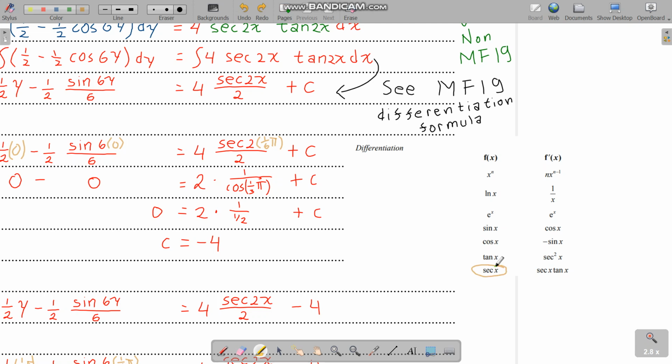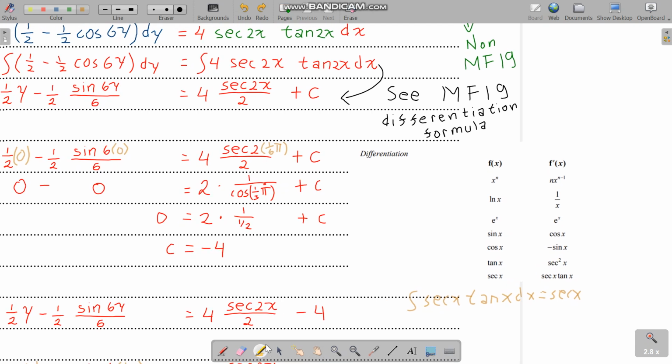If you differentiate secant x, you get secant x tan x, which means if you integrate secant x tan x, of course you're going to get secant x. So although this is in the differentiation part of the MF19, we can use it to integrate. Using this concept, we get secant 2x, but divided by 2 because of the chain rule.